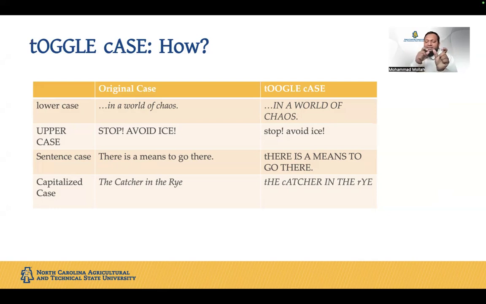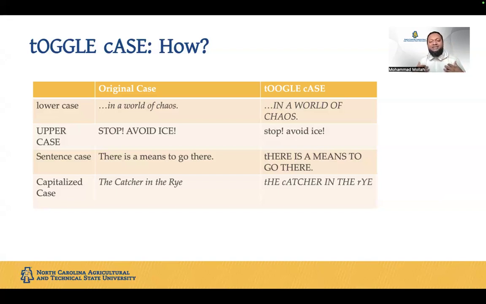If there is a small letter, it converts into a capital letter. If there is a capital letter, it converts into a small letter. That's how it draws attention, and many people use it in informal conversation and in cartoons to draw some attention. Otherwise, using toggle will make you confused.